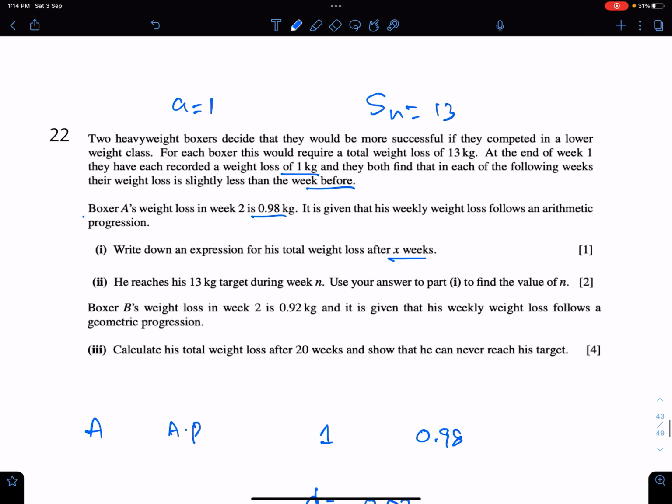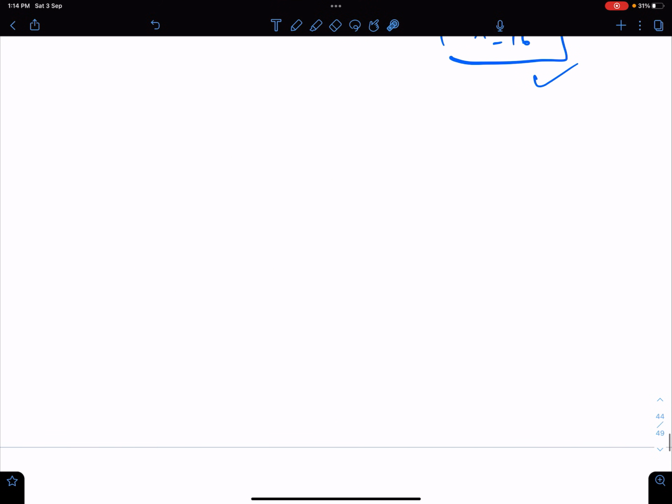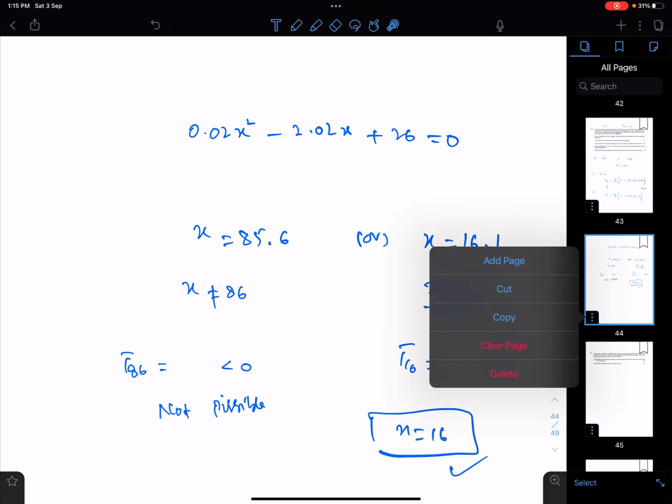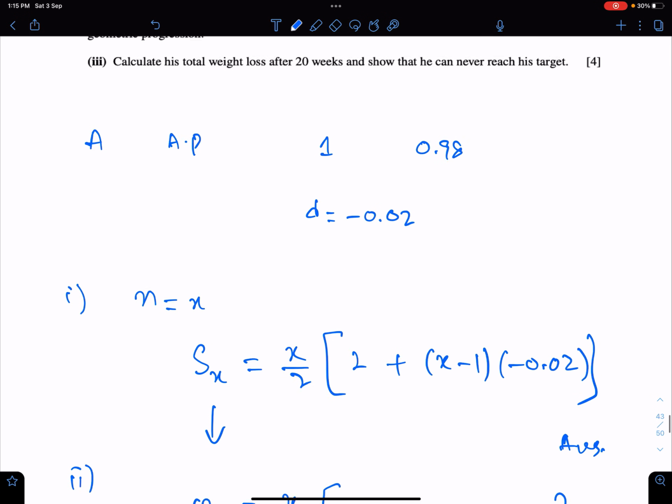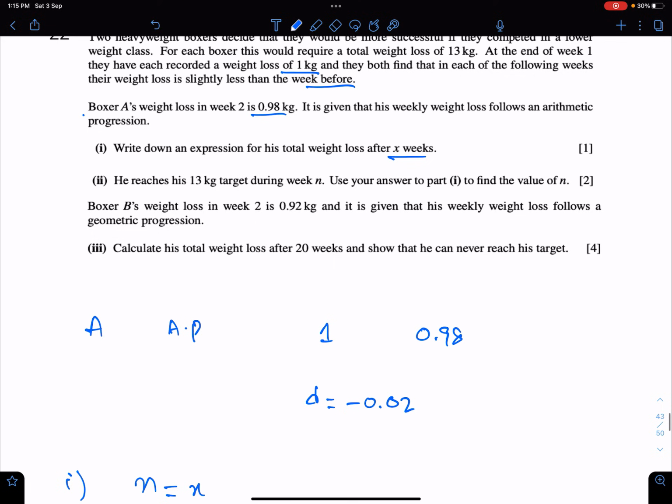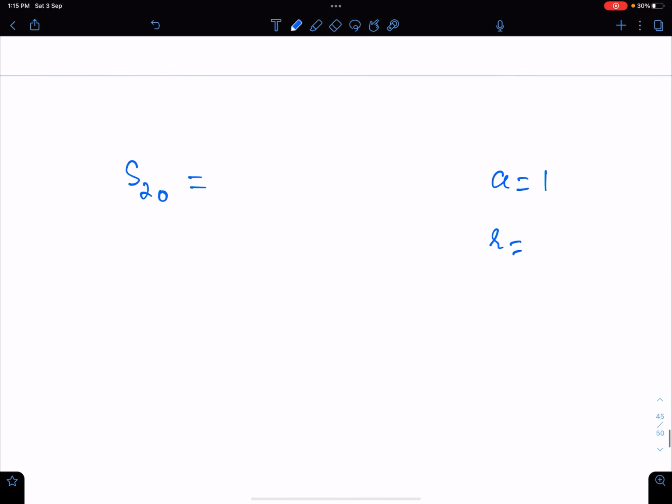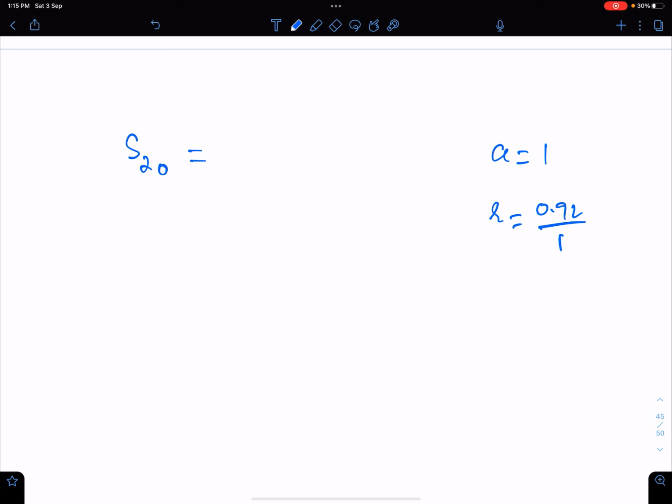Now, the second part of this question. Third part. Boxer B's weight loss in week 2 is this, and it follows a geometric sequence. His total weight loss after 20 weeks, so we need S20. A is 1 and the second term is 0.92, so r is T2 upon T1, which is 0.92.